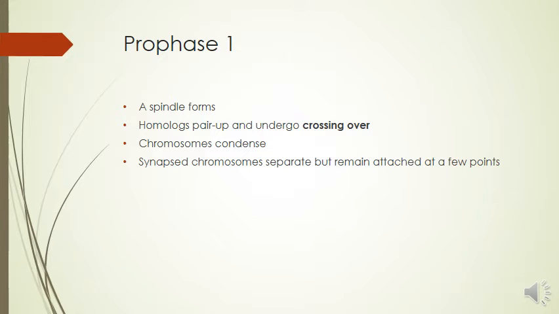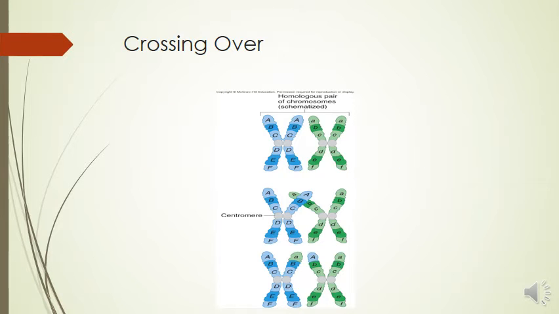A spindle forms and homologs pair up and undergo this crossing over. Chromosomes condense. The synapsed chromosomes separate but remain attached at a few points. And here we see the crossing over recombines genes, and the crossing over generates genetic diversity by recombining the genes and mixing the parental traits.